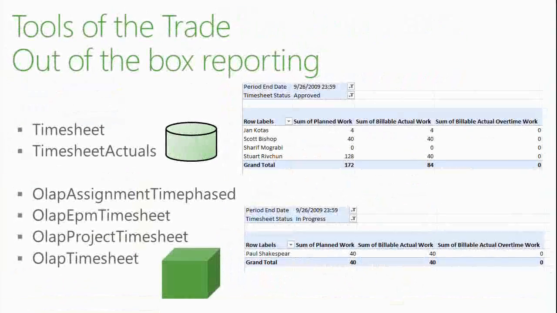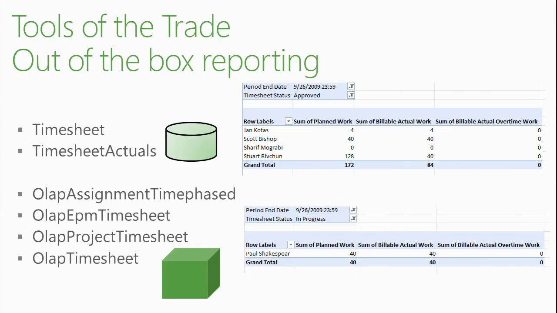You can use TimesheetActual as relational tables, or you can also use the cubes called OLAP assignment time phase, OLAP EPM timesheet, project timesheet, OLAP timesheet. All these are documented in the Project 2010 SDK. It documents the reporting database completely, with every column, every table, and it also documents what each cube is made of, okay? Dimensions and measures.